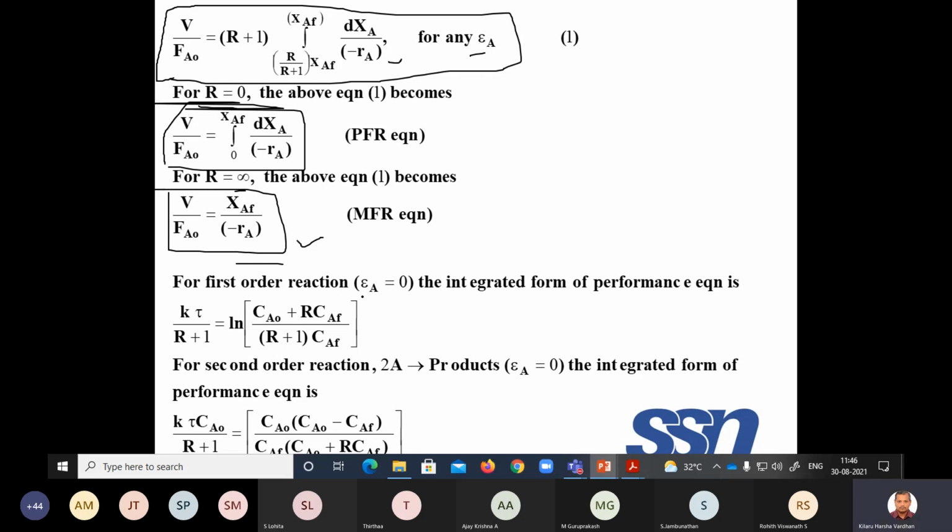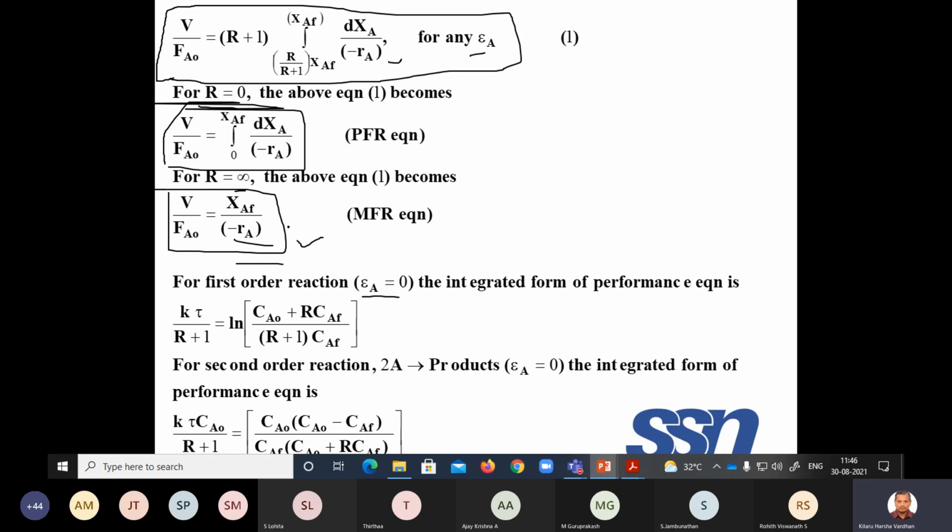Again, if you want to have epsilon A 0, then you can get k tau by R plus 1. It depends because you are substituting RA as first order, second order, and different epsilon A. These are all just extensions of it, but you try to remember this equation, right? And how you are getting from this to this is the important thing.